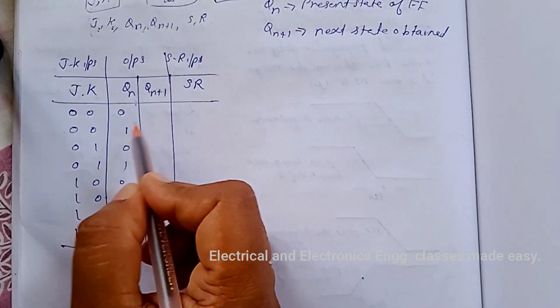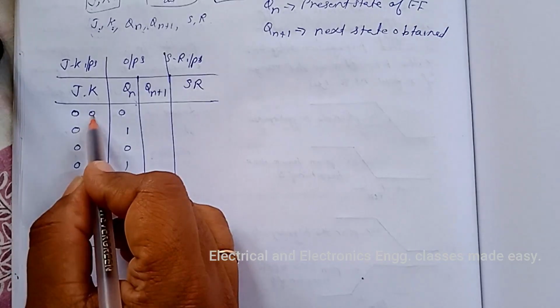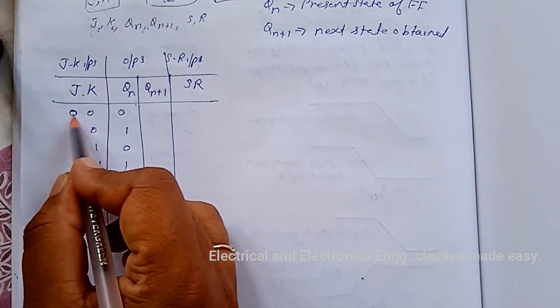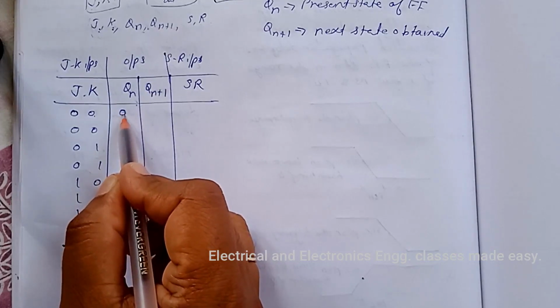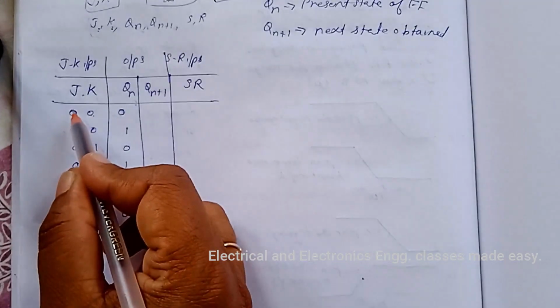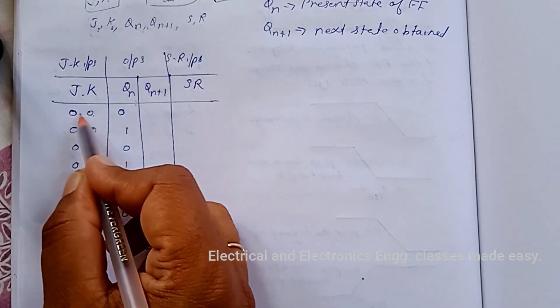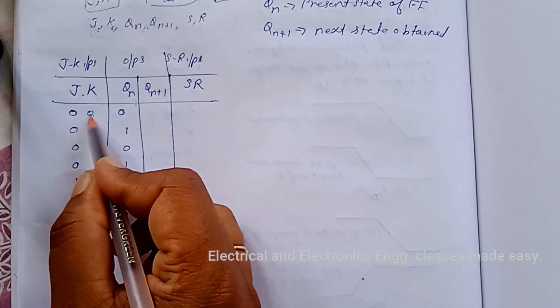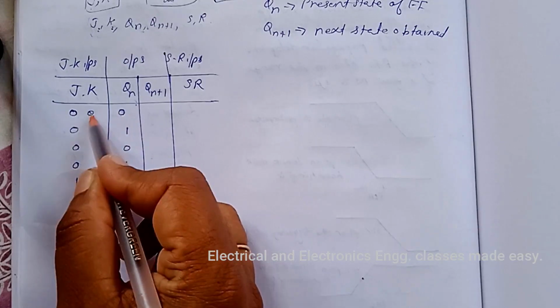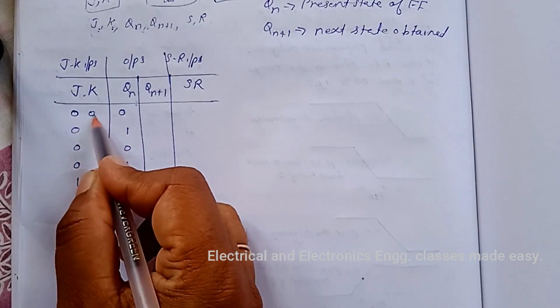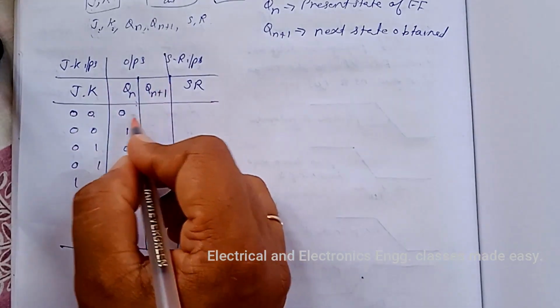For JK inputs 00, the present output is 0. So what will be the output for the input 00? That is no change.